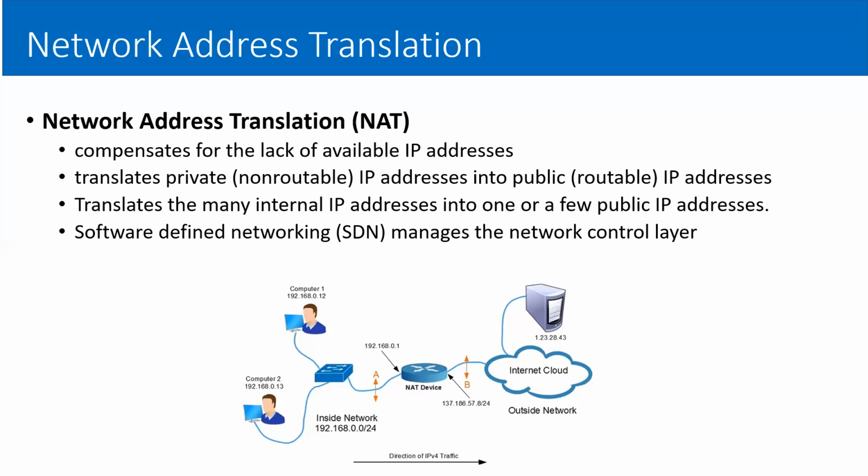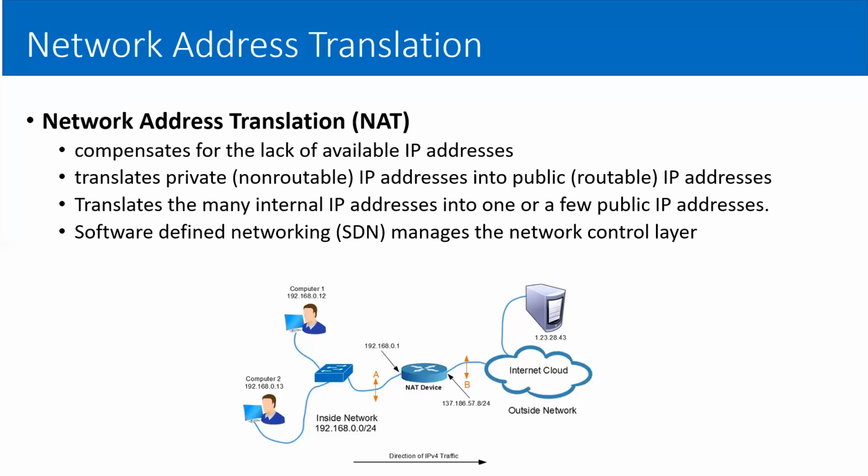This is a great way to ration the public IPs that an organization needs. You can have one-to-many. So you could have one public IP and everybody internally shares that dynamically. Only when you need it do you get to use it. And when the response comes back, the NAT will translate the response from that public IP back to your specific private IP.